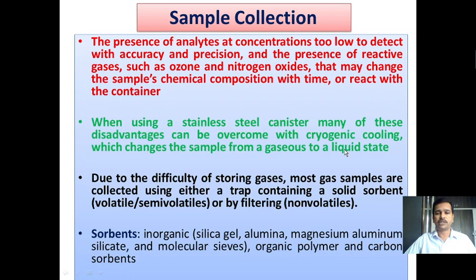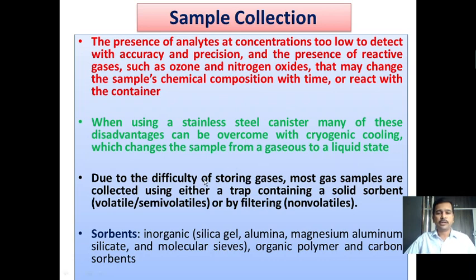It is a process of decreasing the temperature to convert the gaseous analyte to liquid. So we can use stainless steel canisters. By converting the gaseous analytes to liquid analytes, we can avoid this unwanted transformation of these species. So this cryogenic cooling is going to be very important.